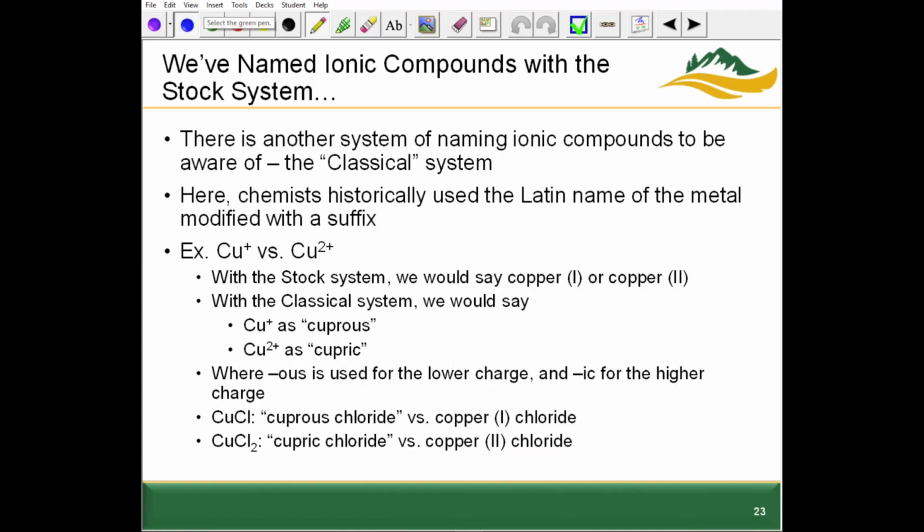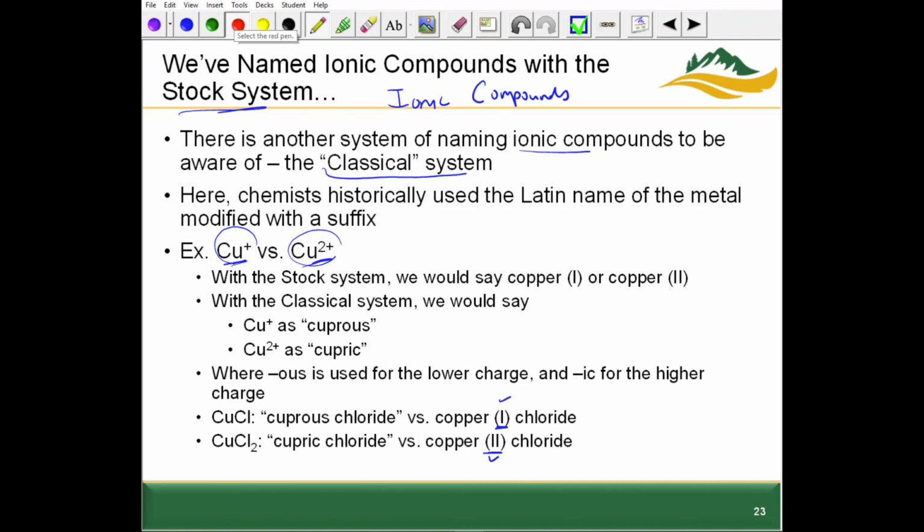Now, something else you should be aware of with the stock system, and specifically for ionic compounds. For ionic compounds, we also have something that's called the classical system. So for example, copper plus and copper 2 plus, these two different types of ions can form from copper. So far we've learned to name that as copper 1 and copper 2 with those Roman numerals.